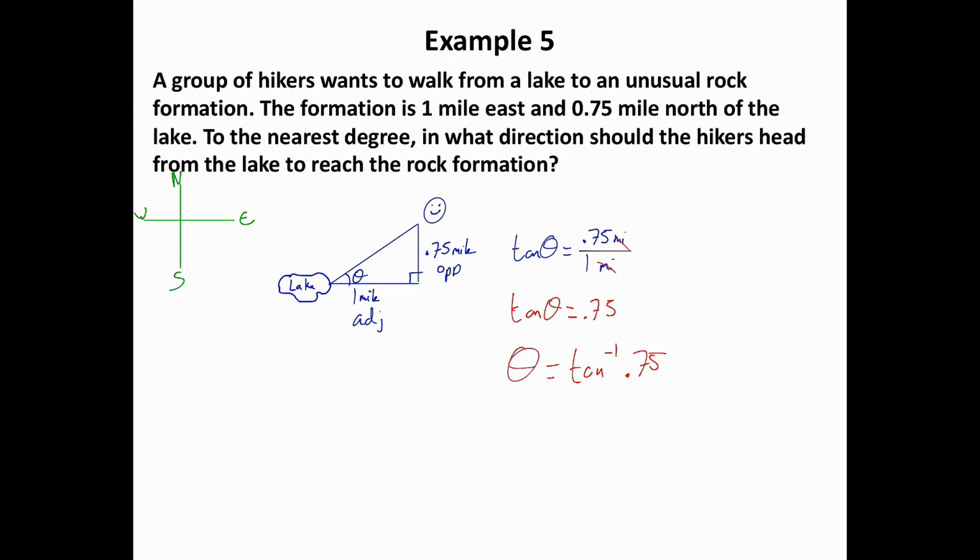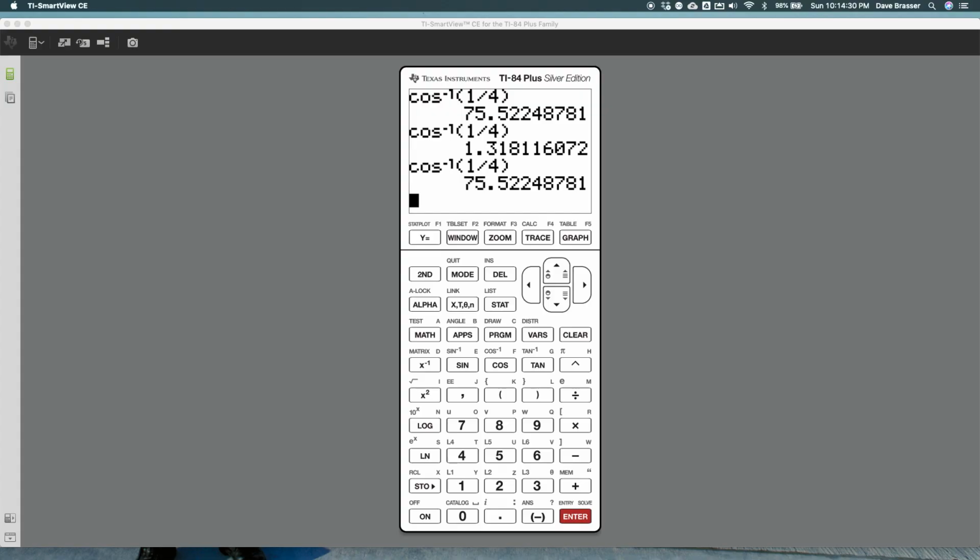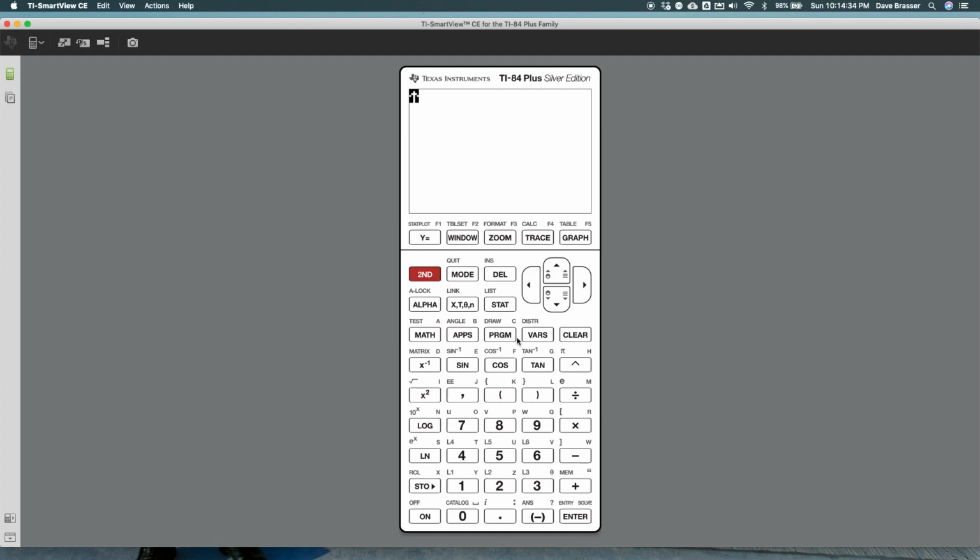So we're going to go back to our calculators. Let me minimize this a second. Going back to our calculators, we'll do the inverse tangent. So we'll do second tangent, then 0.75 and then we'll close our parenthesis just to be consistent, hit enter, and we get an angle measure. Now, again, just double check your angles, making sure that you're in degree mode.